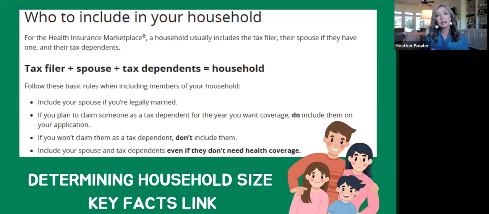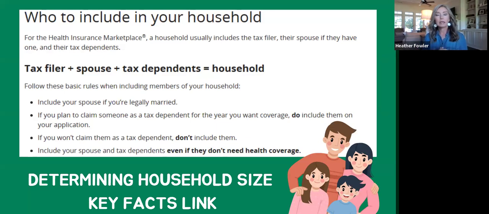If you're not going to claim them, sometimes you might run into a situation where a mom and a dad have a child that's 20, 22. Even if they're living in the house with the mom and dad, if they have their own separate job and they're going to file their own tax return and they're not going to be claimed as a dependent, then you don't count them.